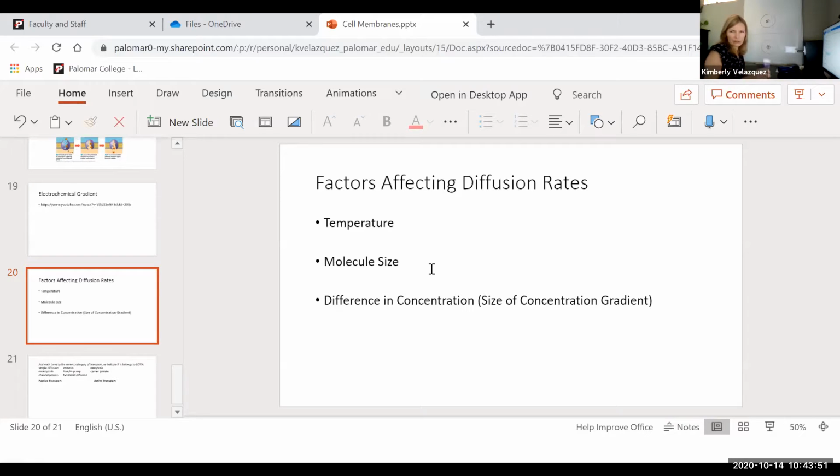And I'm just going to use dots for the solute. Sorry, I lost my red. Here we go.